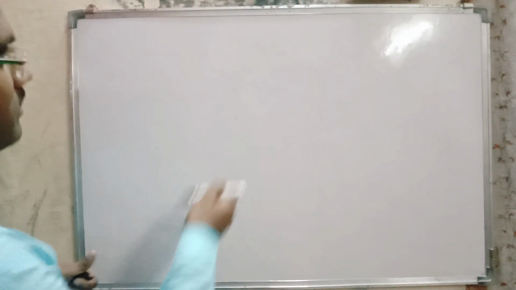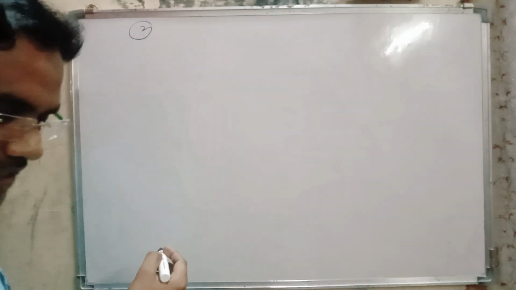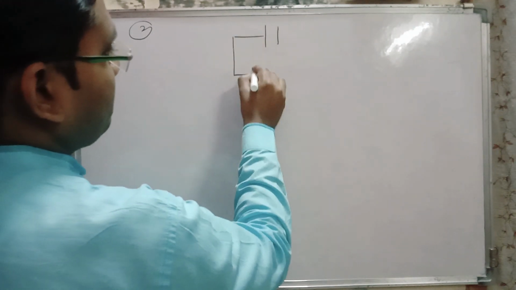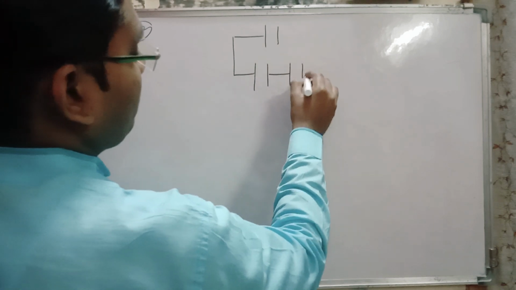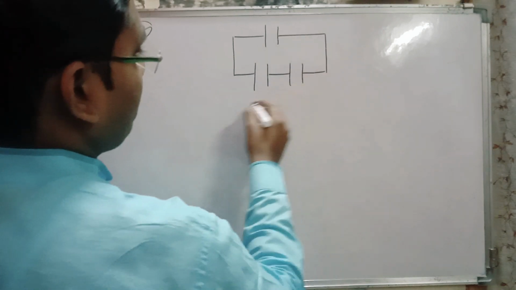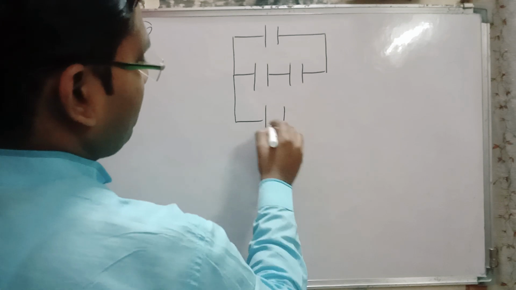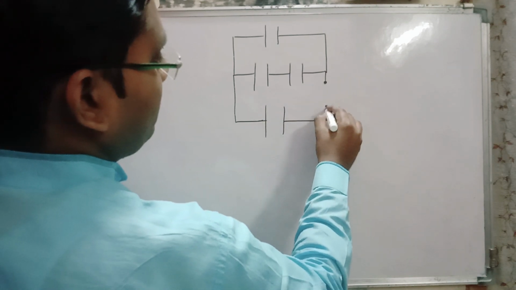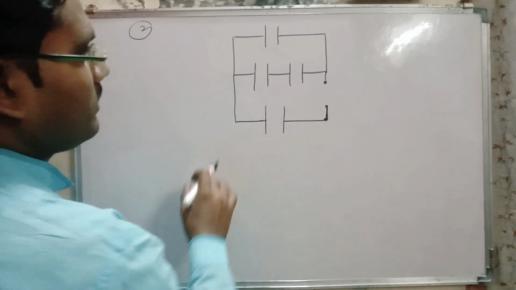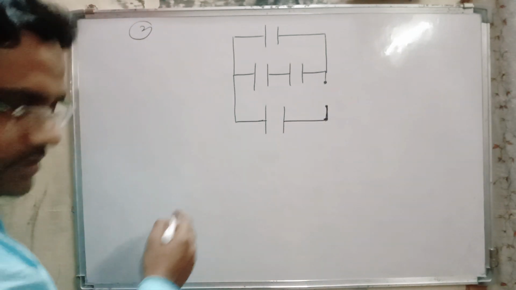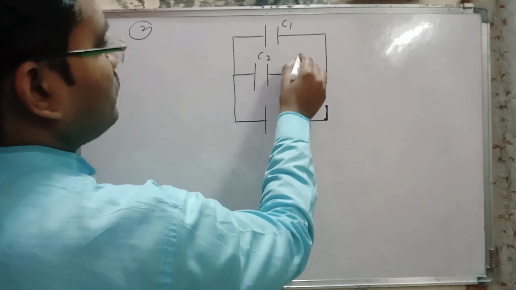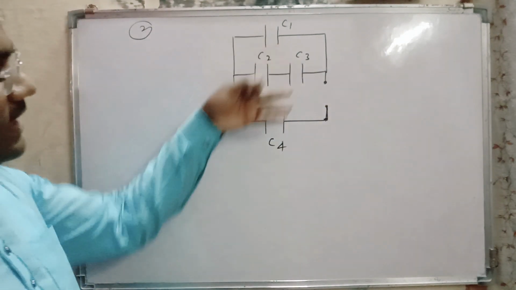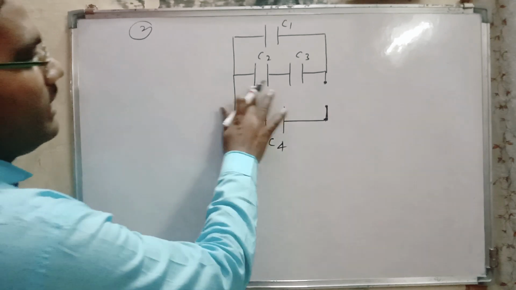Now the second problem. In the second problem there are 4 capacitors connected according to this network, this is C1, this is C2, this is C3, and this is C4.